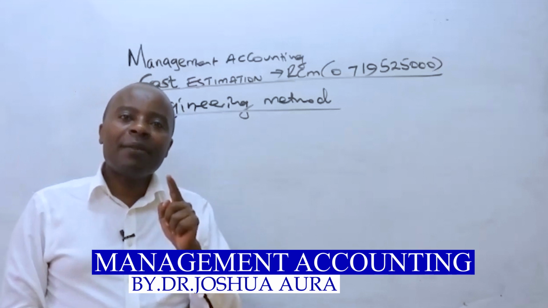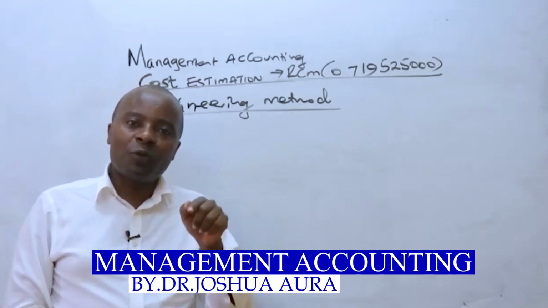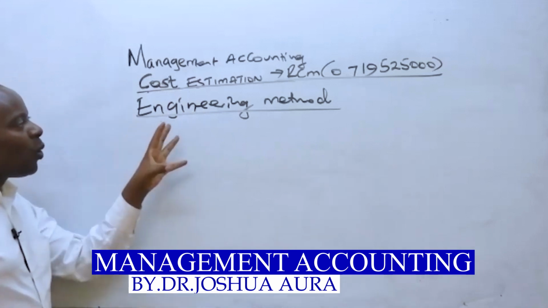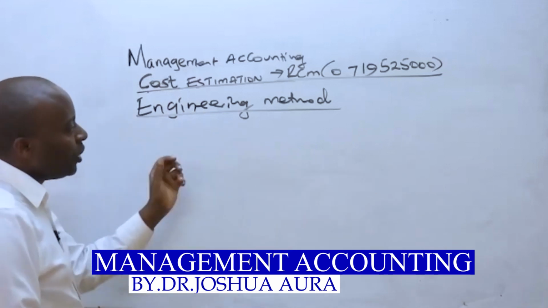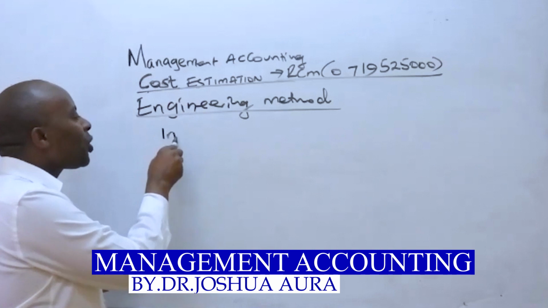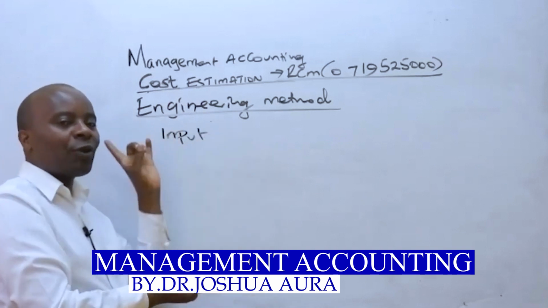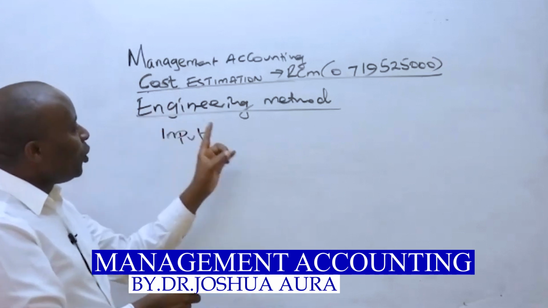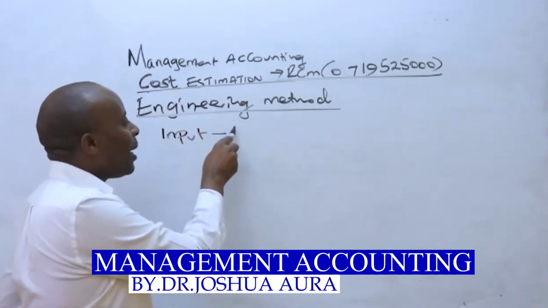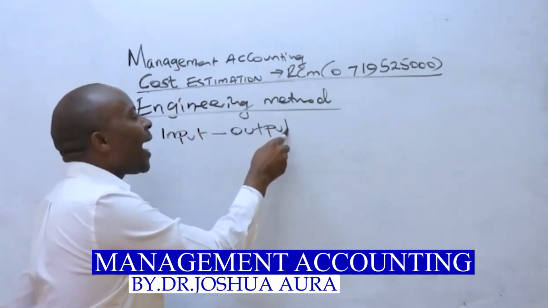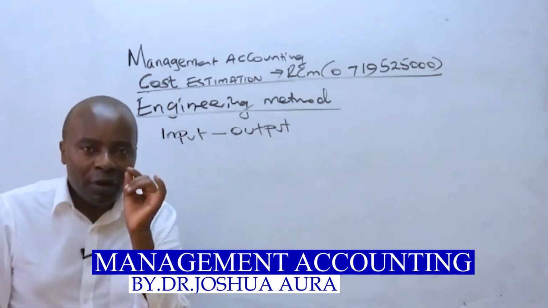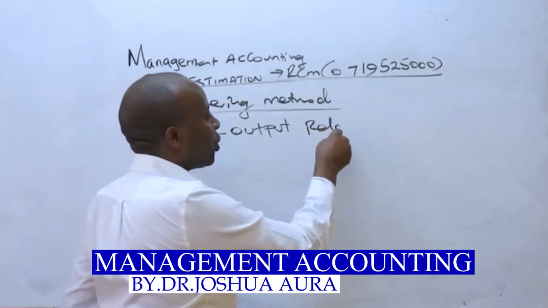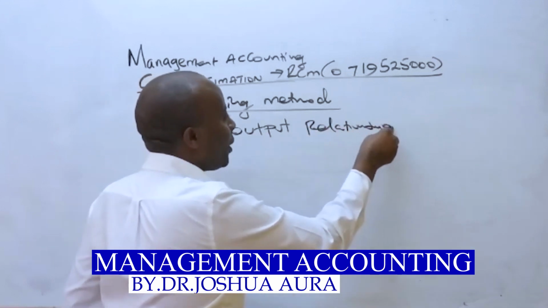So the engineering method entails what Frederick Taylor told us, that we can do our estimations using this method in a situation where we don't have historical cost data. But for us to use the engineering method, there must be a clearly observable input-output relationship. Input-output relationship.